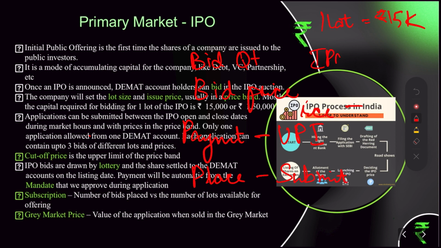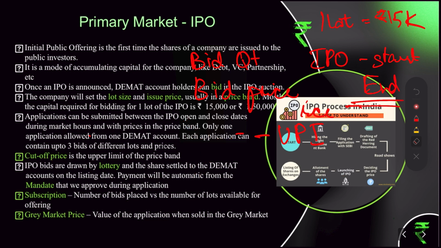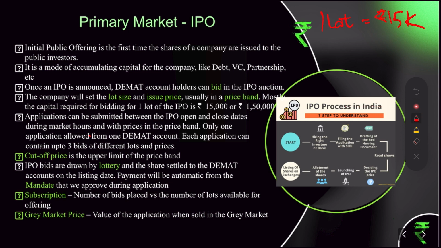This IPO application has to be submitted between the start date and end date. Beyond the end date, you cannot apply for the IPO, and you can modify the IPO application n number of times. You can change the bid quantity, you can change the bid price between the start and end dates. After this, what happens is it will be sorted based on the bid price.